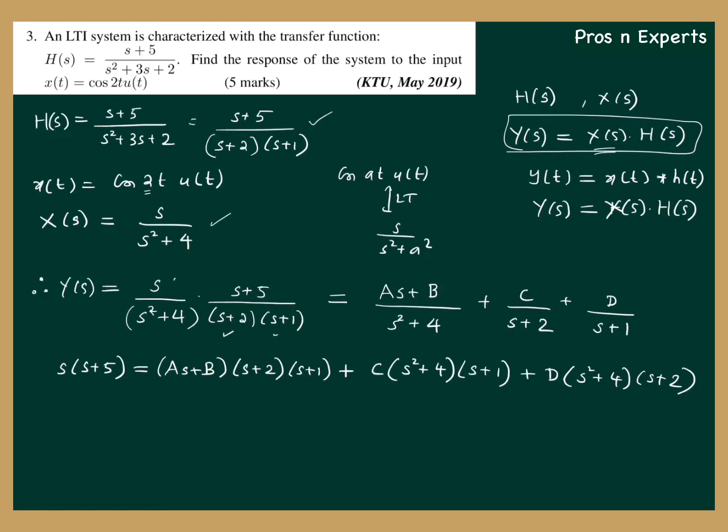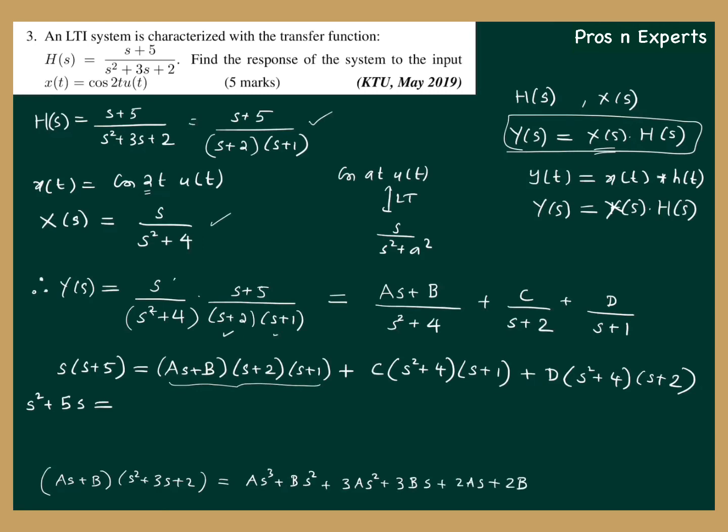So we can just expand this. s square plus 5s will be equal to, while expanding the first term, As plus B into s square plus 3s plus 2. That is As cube plus Bs square plus 3As square plus 3Bs plus 2As plus 2B.